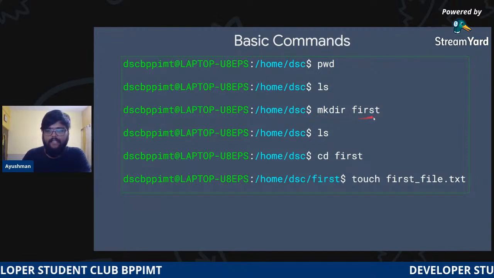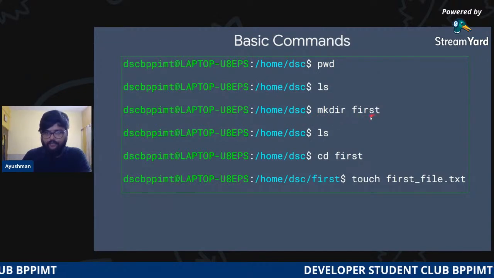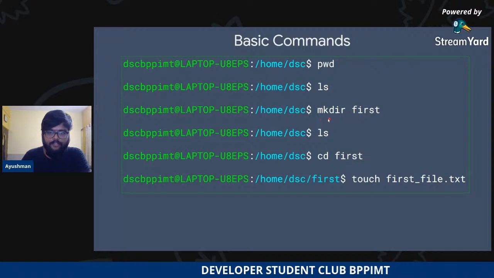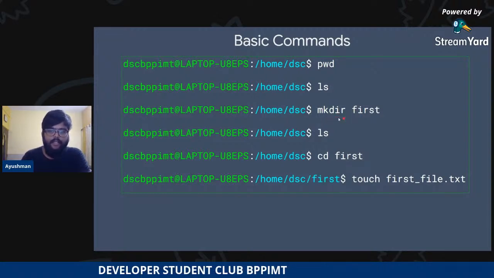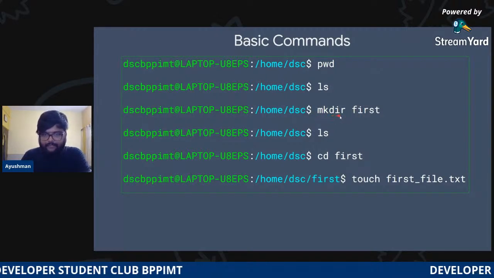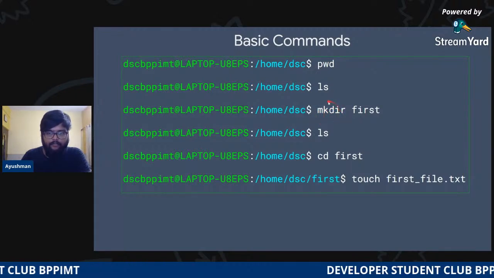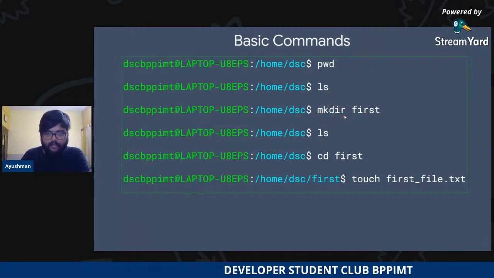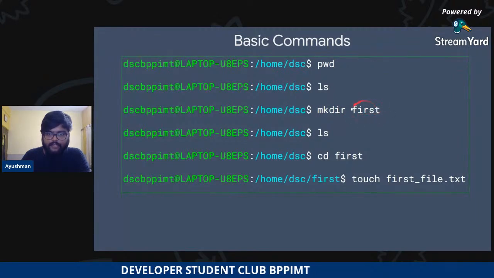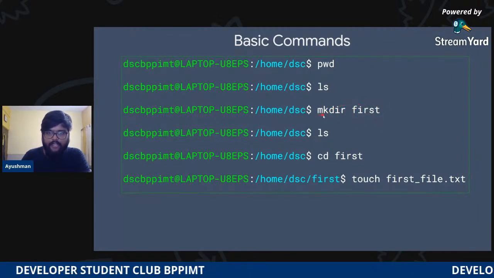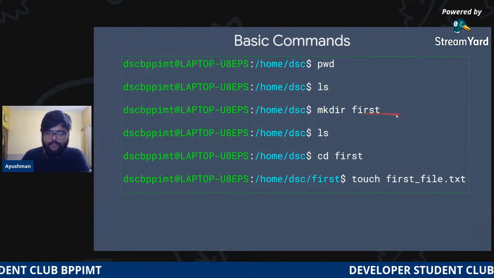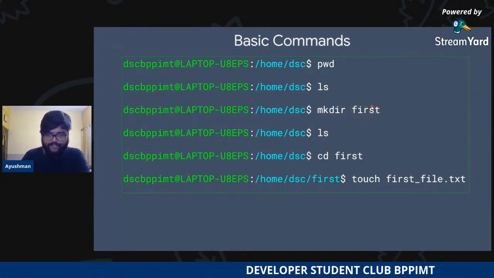If I write mkdir and then first or something, mkdir is used to make a new directory, hence the name, make directory. It will create a folder with the name given here. So if I write mkdir first, it will make a directory named first.